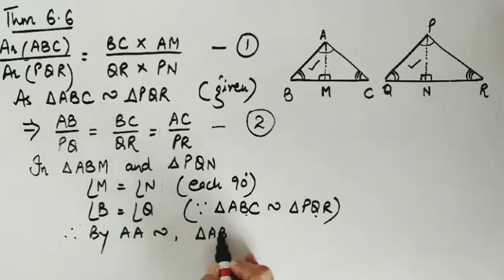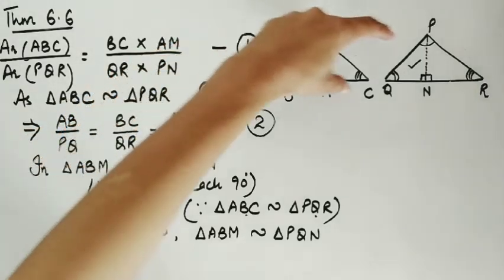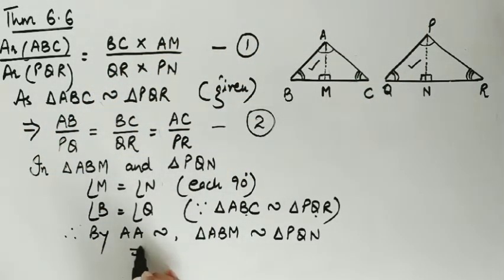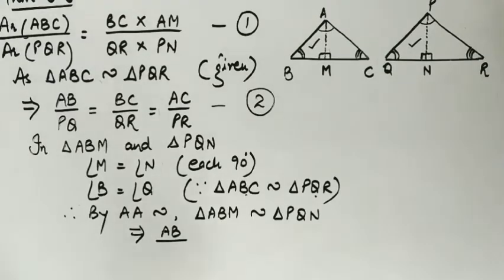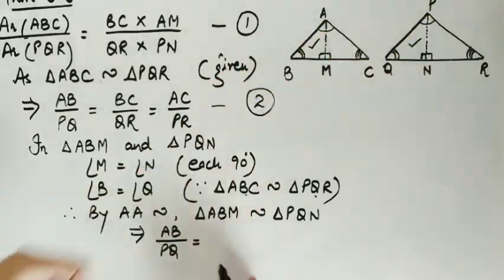triangle ABM is proved to be similar to PQN. If these triangles are similar, what can we say about the ratio of sides? Can I say that AB by PQ is equal to AM by PN?